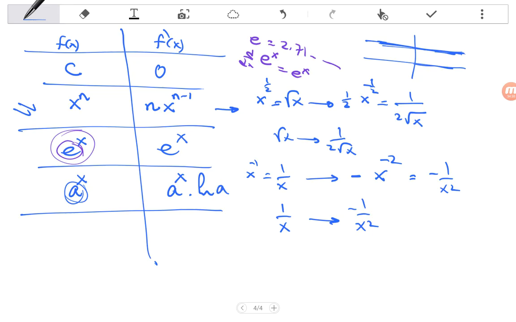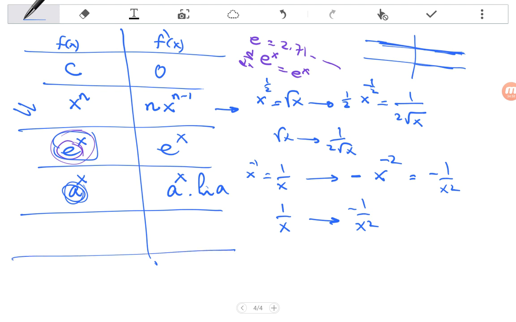As e power x is the standard form of the exponential function, whenever you change the base to any other number a, to adjust for that modification, I will just multiply by ln a to find the derivative.